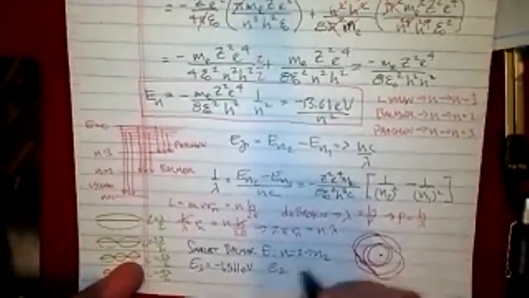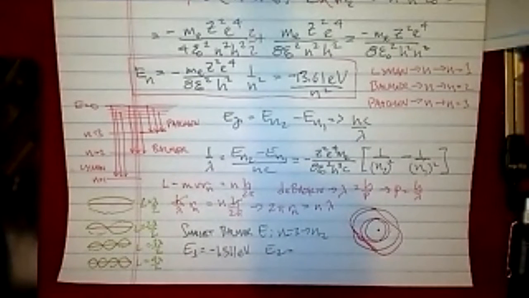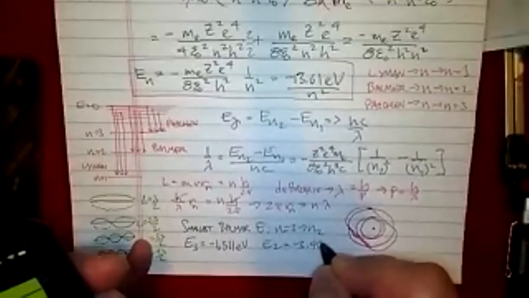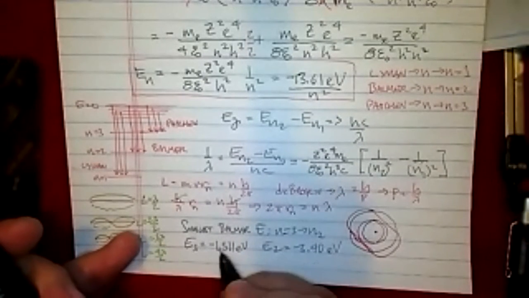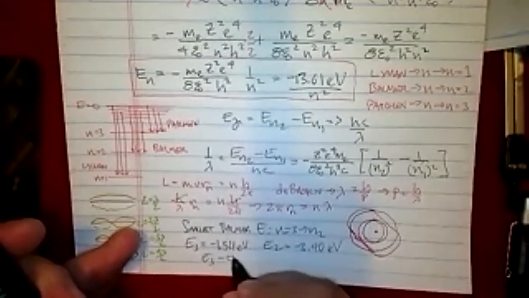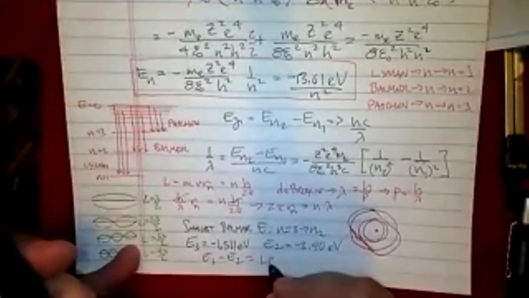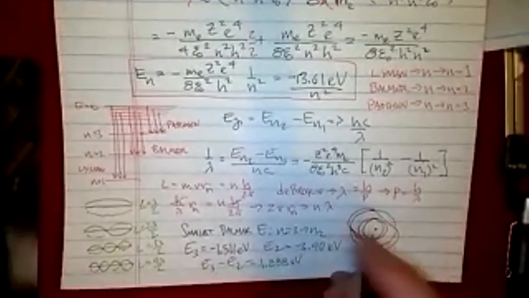And then E2 would be negative 13.6 divided by 4. That gives me negative 3.40 eV. So if I take E3 minus E2, I get positive 1.888 eV.